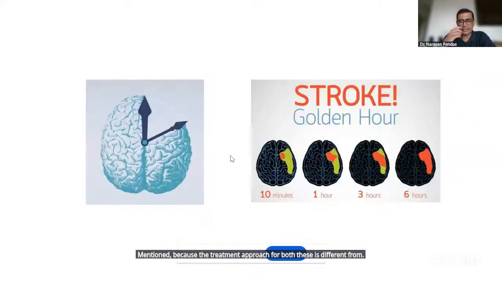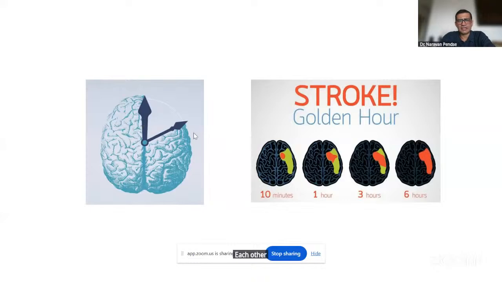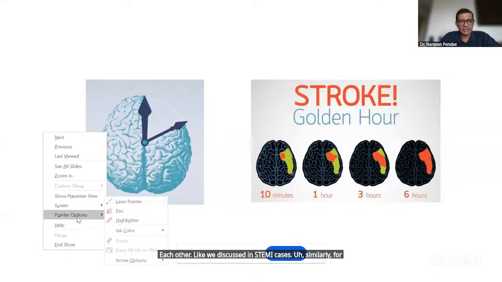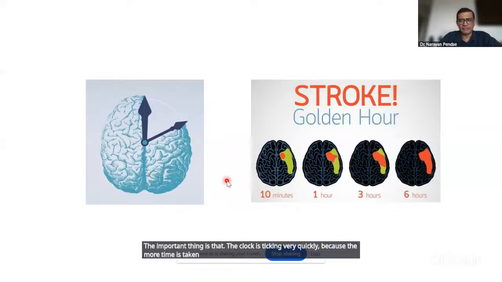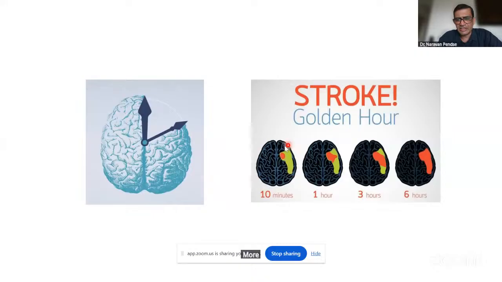Like we discussed in STEMI cases, similarly for this, the important thing is that the clock is ticking very quickly, because the more time is taken to intervene, the more are the chances of irreversible damage being caused to the brain parenchyma.